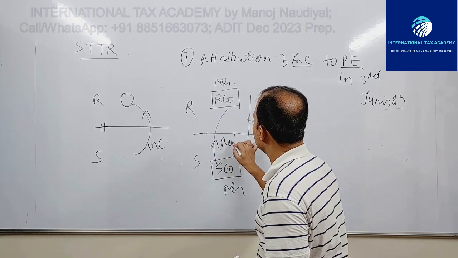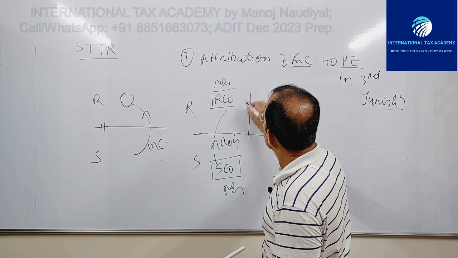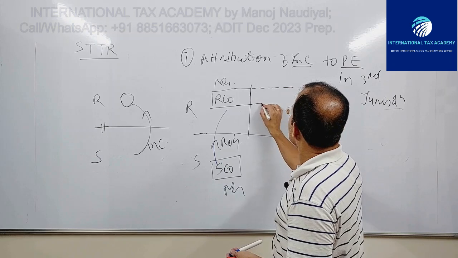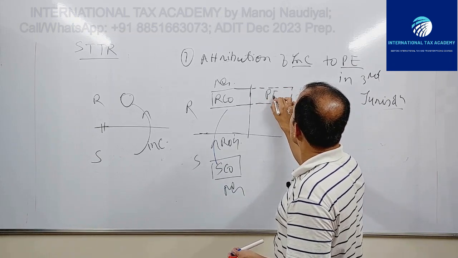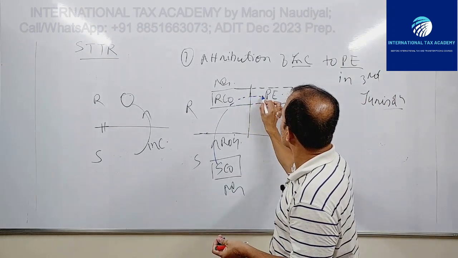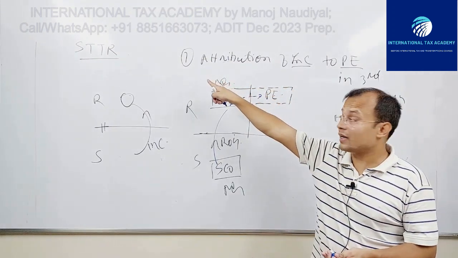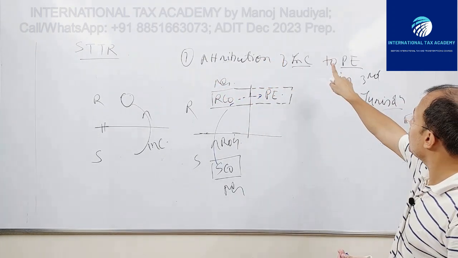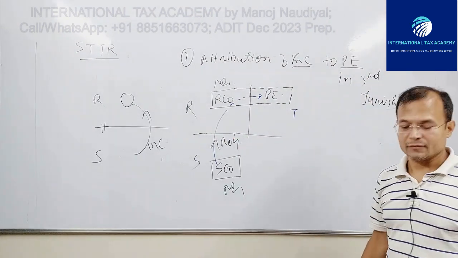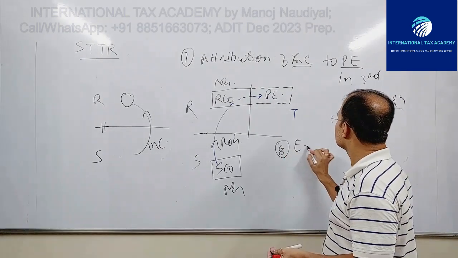Supposing this is the royalty payment. And this ARCO has a PE, and this royalty income is attributed to this PE. This case is dealt under paragraph number 7. Attribution of income to PE in third jurisdiction, S, R and T.